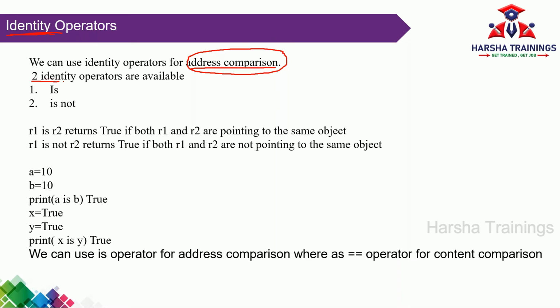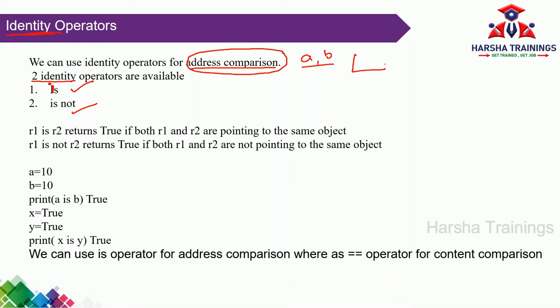We have two identity operators. One is 'is', the second one is 'is not'. For example, assume A and B are two variables.